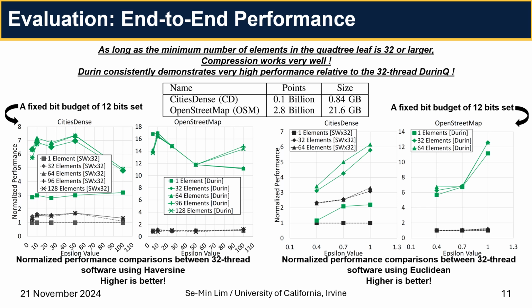And we used a fixed bit budget of 12 bits for each floating point value since it was a safe, error-free configuration. As we can see in the graphs, thanks to having a configurable threshold value, GFPE compression, and the asynchronous interface, compression works very well, and Durin consistently demonstrated very high performance relative to the 32-thread software implementation, as long as the configurable threshold value is 32 or larger.